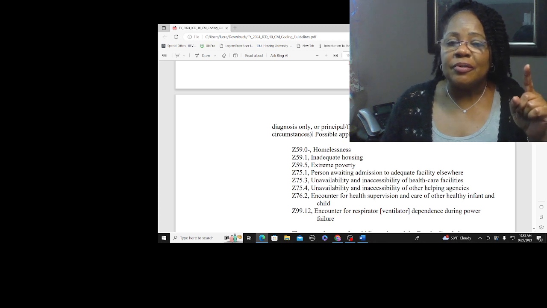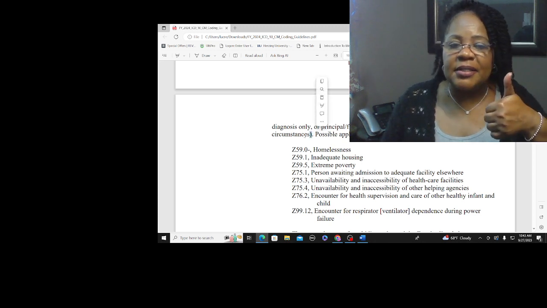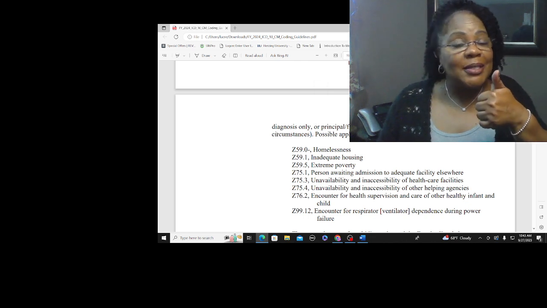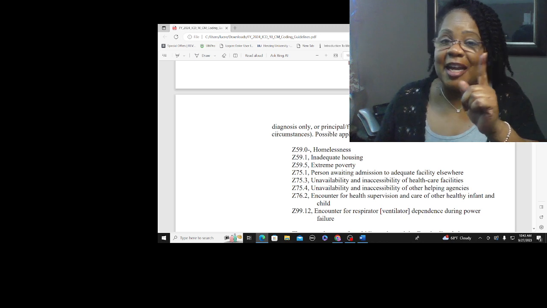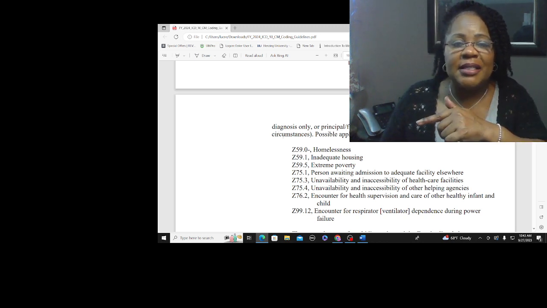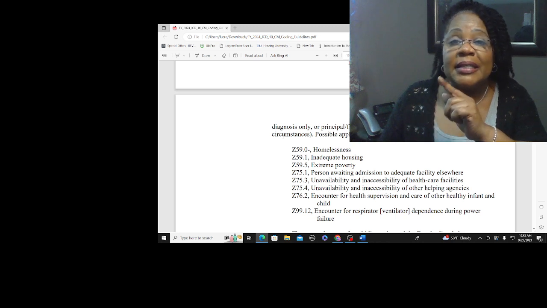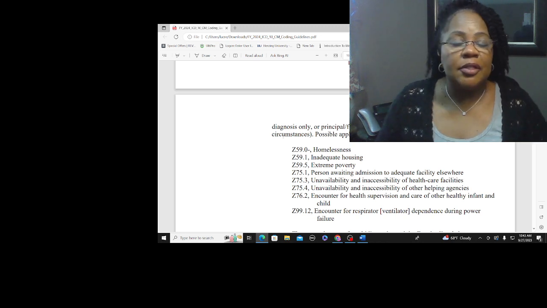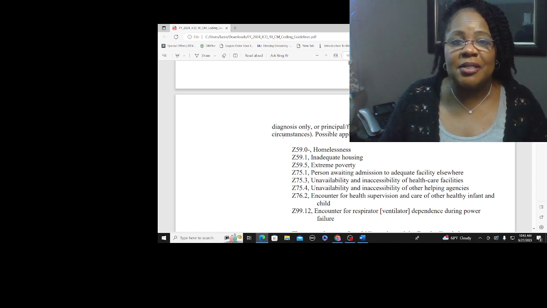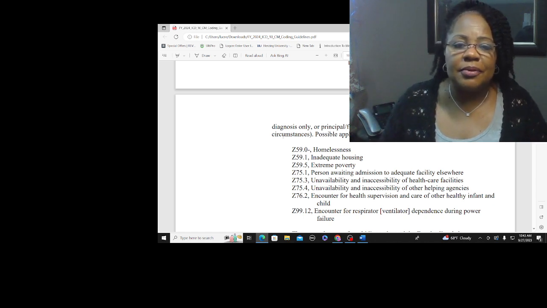So make sure you check: is this a Z code that can only be a first listed, or is this a Z code that cannot be a first listed? And it will tell you in your classification in ICD-10-CM, particularly in the tabular list, it will say this code can only be a primary or principal diagnosis code. So pay attention to those.